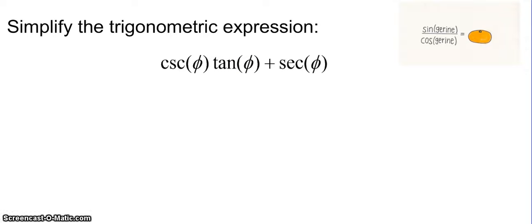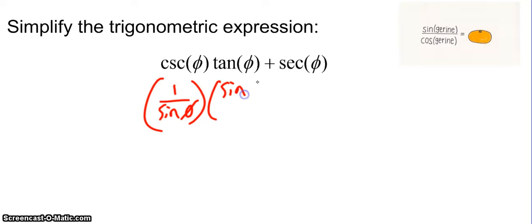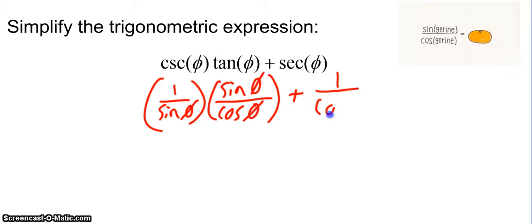Well, every trig function relates to either sine or cosine somehow, so I'm just going to change everything to sine and cosine right away, because I don't see anything obvious between these three. So let's just go ahead and make this 1 over sine of theta times sine of theta over cosine of theta plus 1 over cosine of theta.